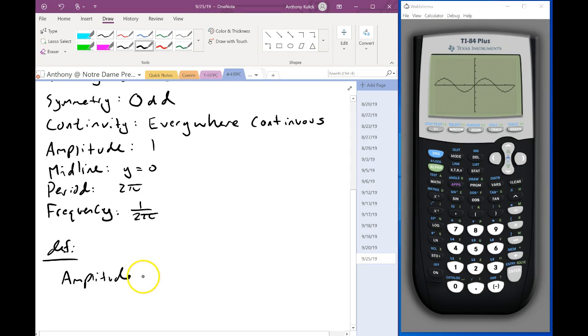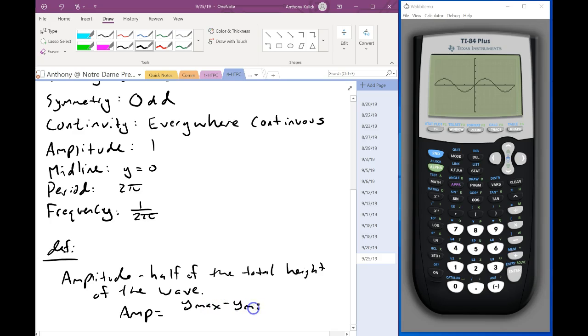So the amplitude is going to be half of the total height of the wave. Or algebraically, the amplitude is y max minus y min divided by 2.